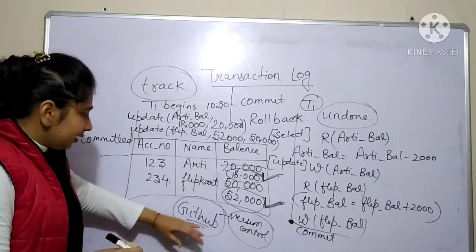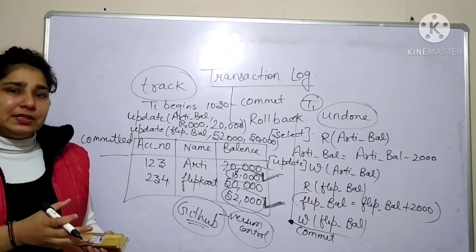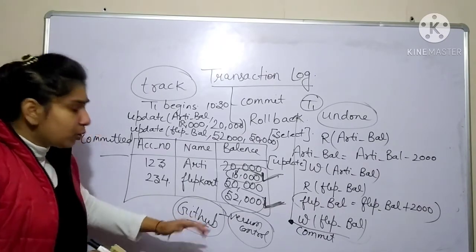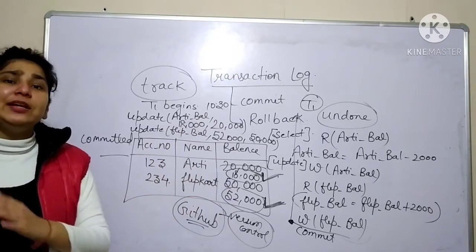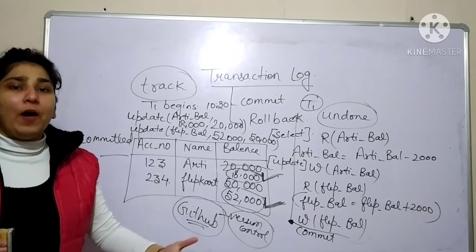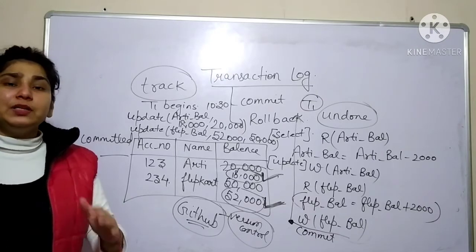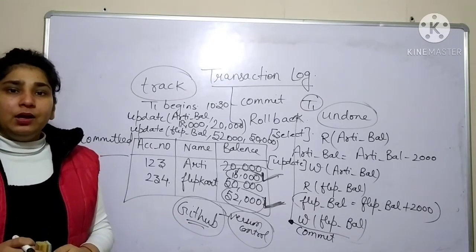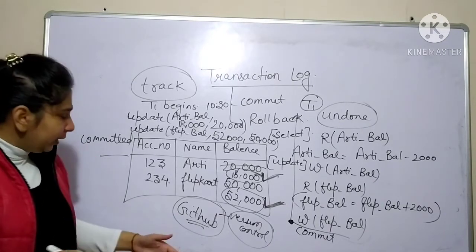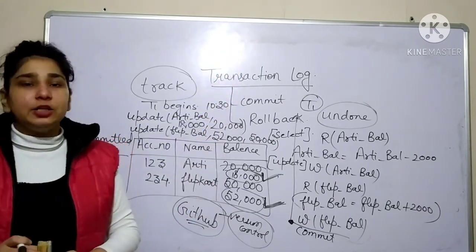Initially, I save my project in this repository, and whatever changes I make to my project at any point of time, it keeps a record of each and every change. Whatever editing we have done, and at what point we did that editing, all that information is stored in GitHub. At any point of time, if we want to roll back, we can easily do so. That is the advantage of the transaction log.